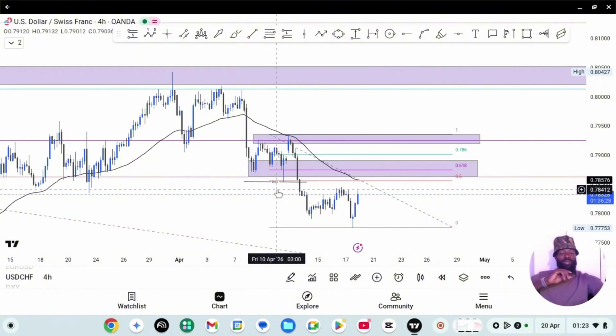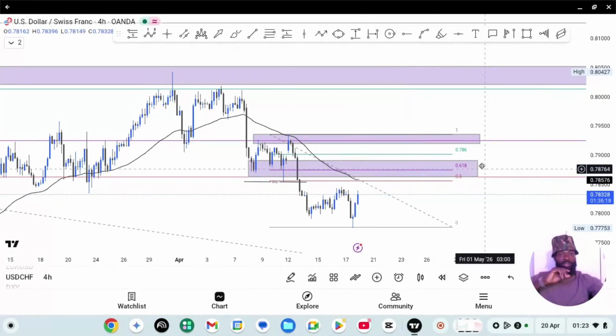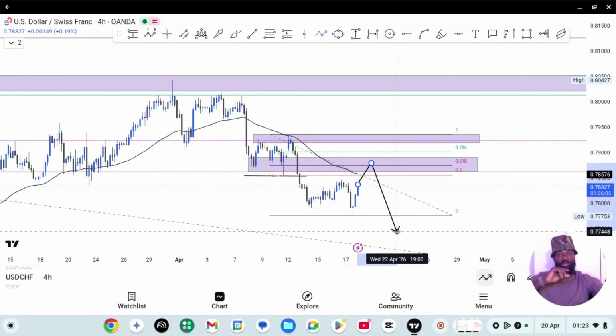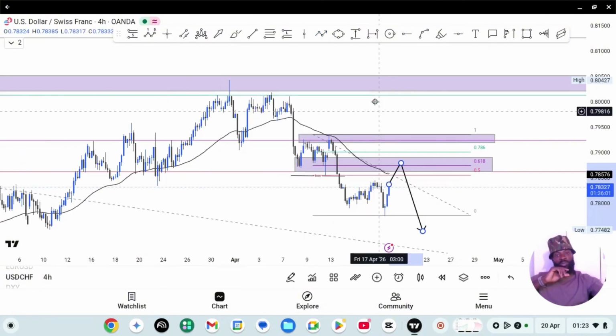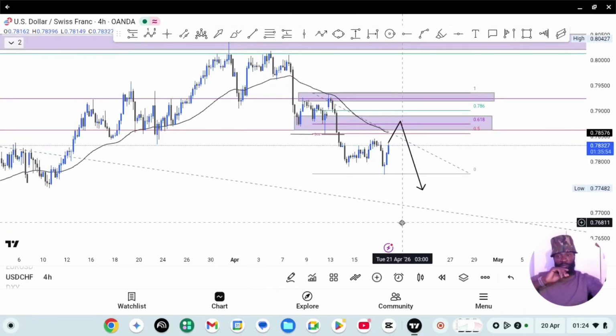I'm going to be patiently waiting for this market to tap into our premium level, and maybe come to this point of interest, which is this resistance level. After that I'm going to be looking for my entry opportunity to sell right here. This is what I will be waiting for. I'm going to patiently wait for this market to give me an opportunity to sell.